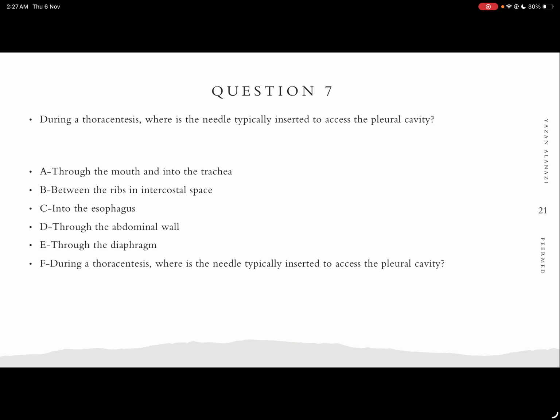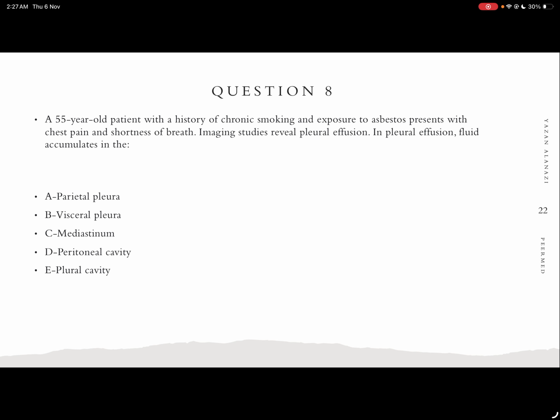Okay, during thoracentesis, where is the needle typically inserted to access the pleural cavity? We said it's between the ribs, in the intercostal space. Okay, so it's B. A 55-year-old patient with a history of chronic smoking and exposure to asbestos, let's say we don't know what that means, presents with chest pain and shortness of breath.